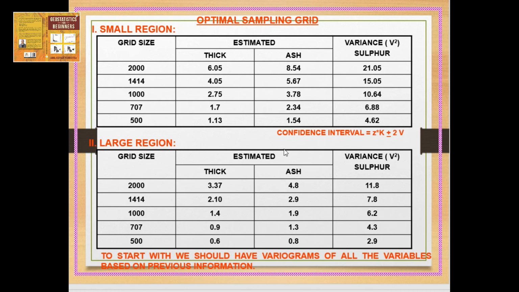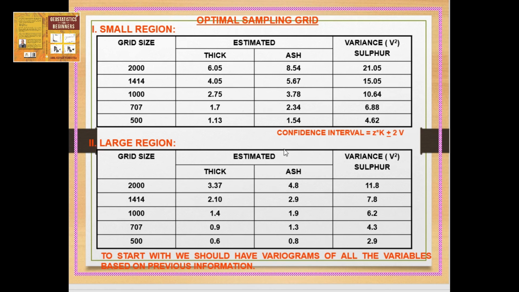It is shown as 4.05. That is estimated variance I am talking of, and estimated ash variance 5.67, where variance sulfur is reduced from 21.05 to 15.05. Once we further reduce the grid size to 1000 meters, in case of thickness it becomes 2.75, in case of ash it becomes 3.78, in case of sulfur it becomes 10.64.